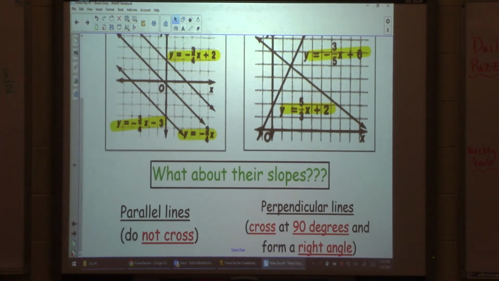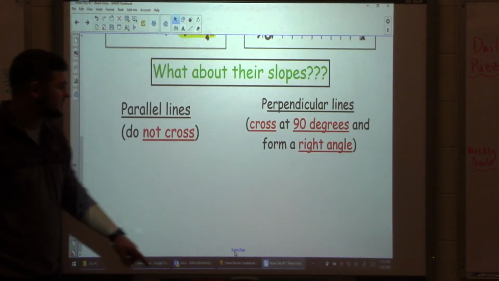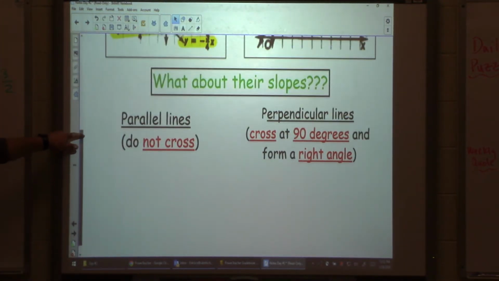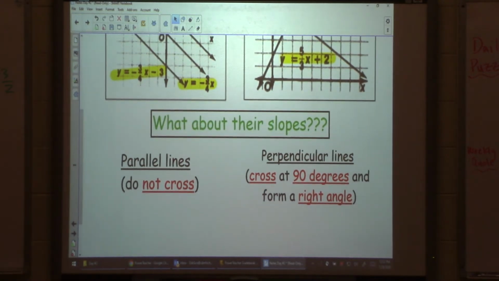Is this part of your fill in the blanks here? Yes, it is. Parallel lines do not cross. They do not intersect. Perpendicular lines cross at 90 degrees and form a right angle. I'll give you a second to write it down.